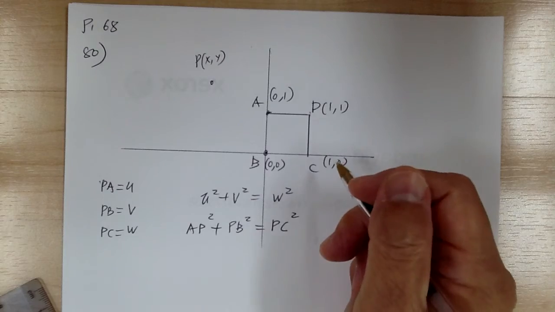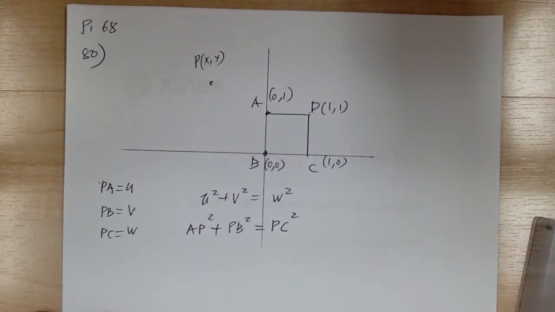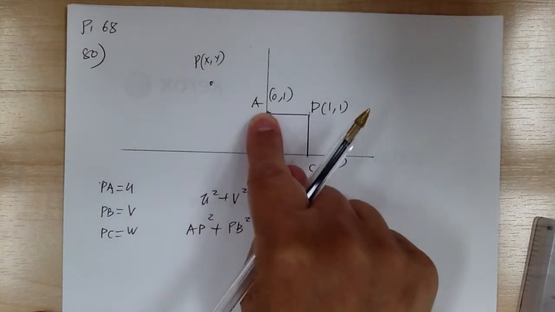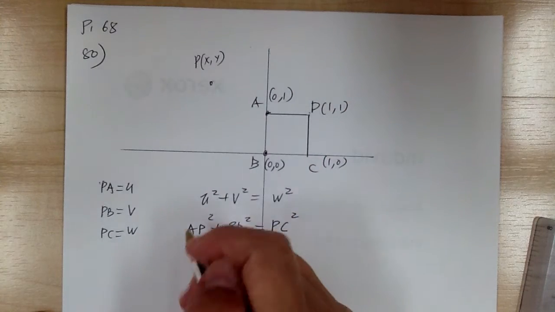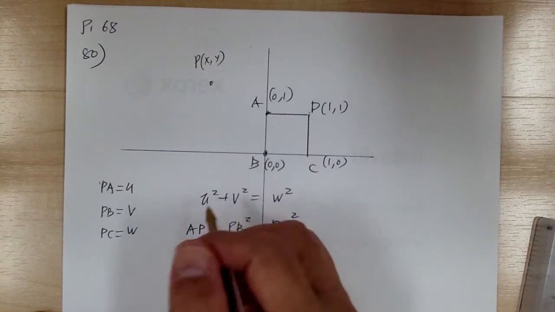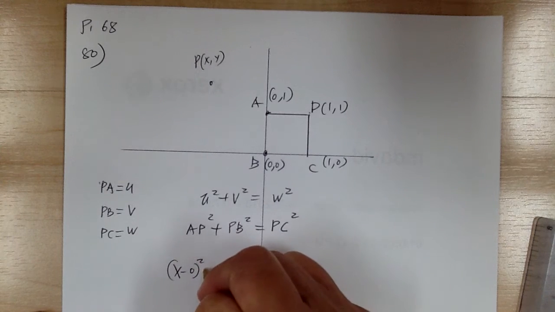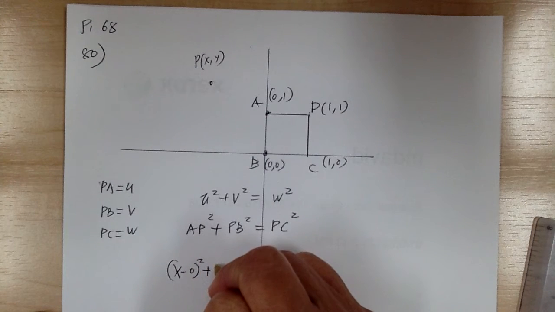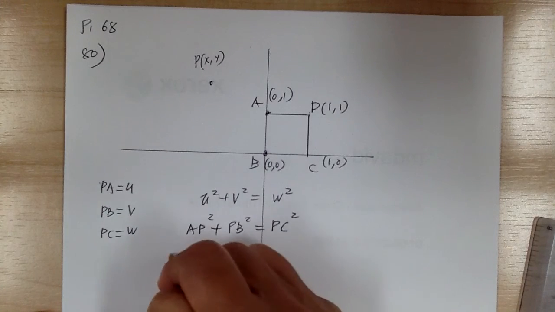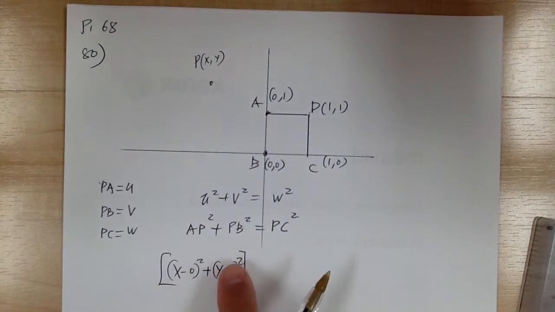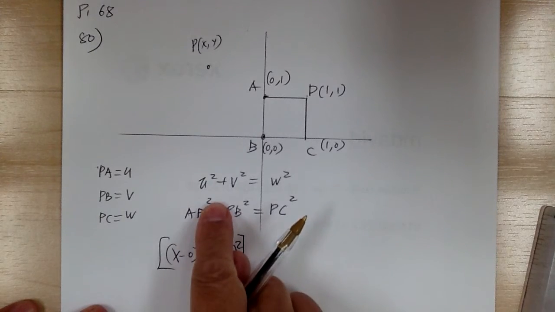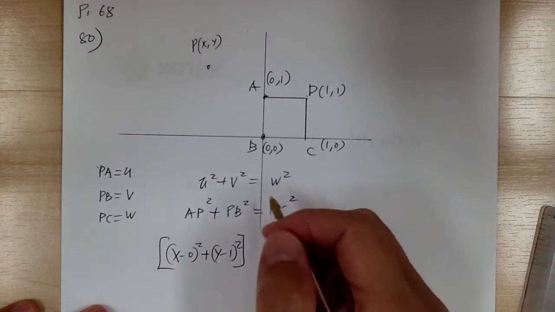Now by using the distance formula, AP squared would be x minus 0 squared plus y minus 1 squared. Now normally for distance we take the square root, right? But because of the square, it cancels out the square root, so it would be just that.